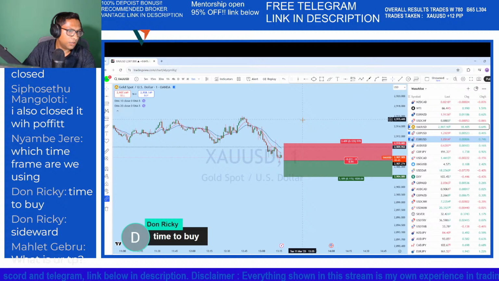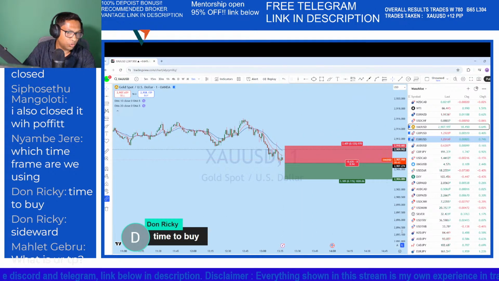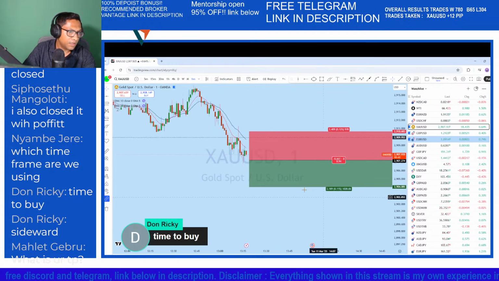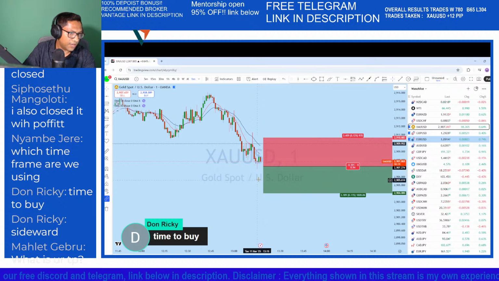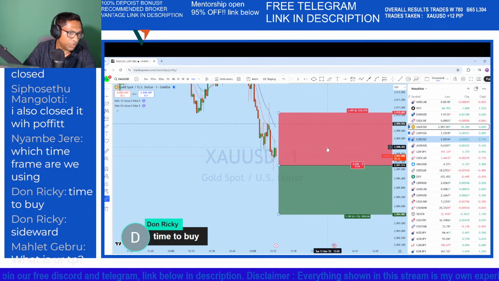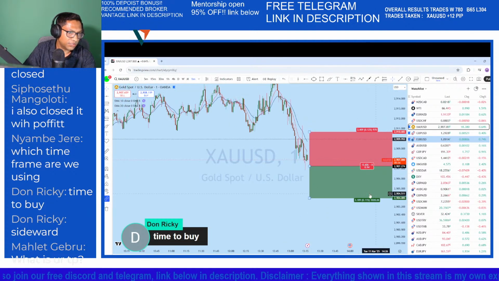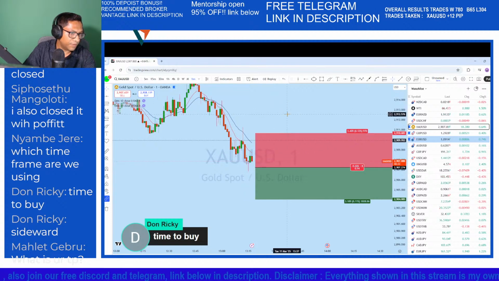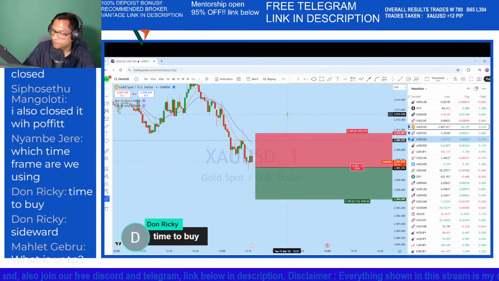So if that's the situation, we could see the market ultimately coming back below that low. This is what we're waiting to see. The price is showing its hand and then trending in the major direction.